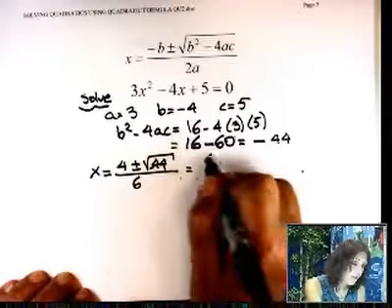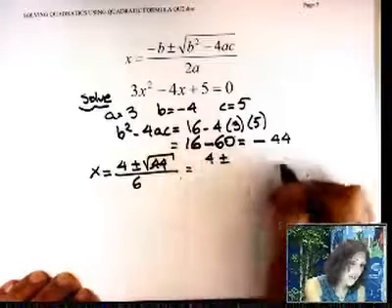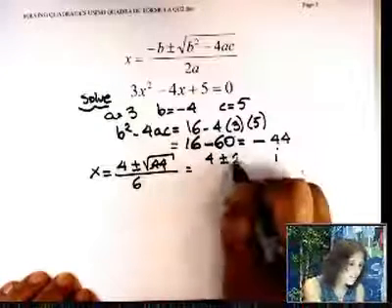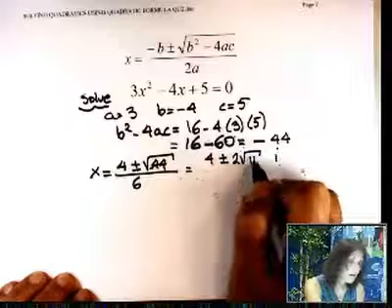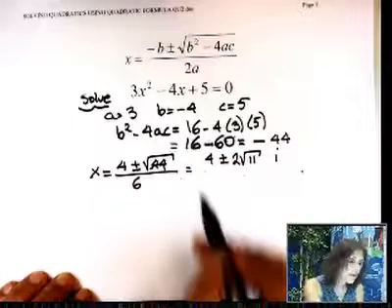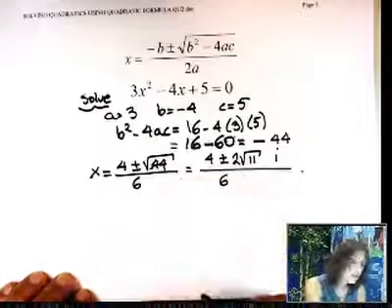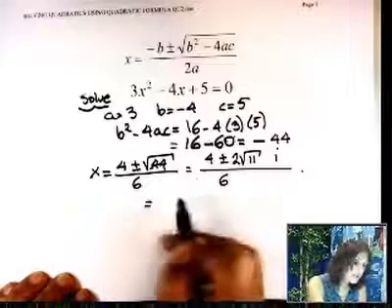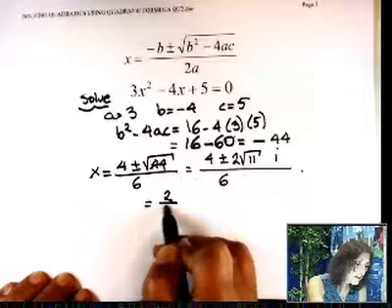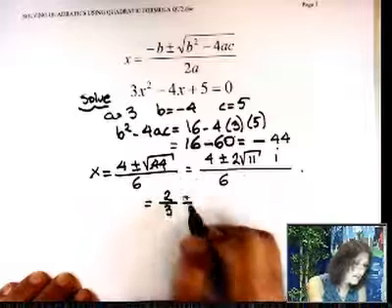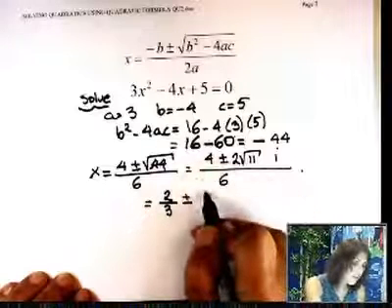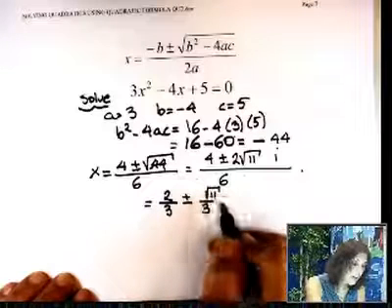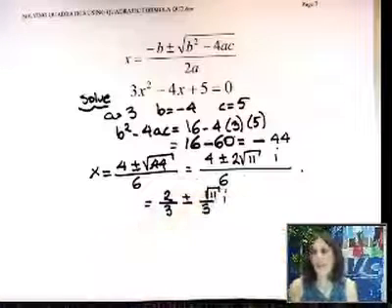So 4 plus or minus i root 44. 44 is 4 times 11, so 2 comes out, and i over 6. Let's get rid of some of these. This will give me 2/3 plus or minus 2 over 6, that's 1/3, root 11 i.